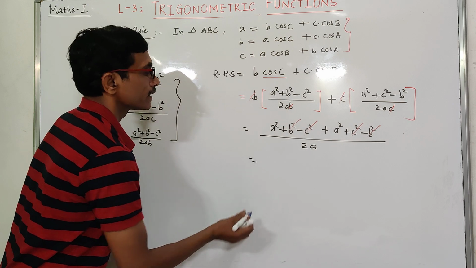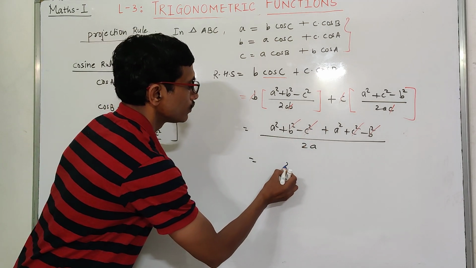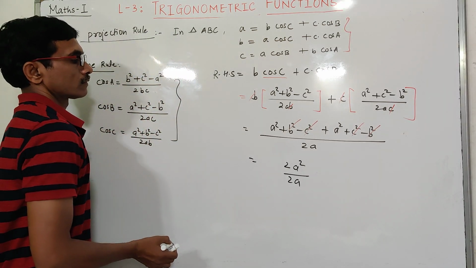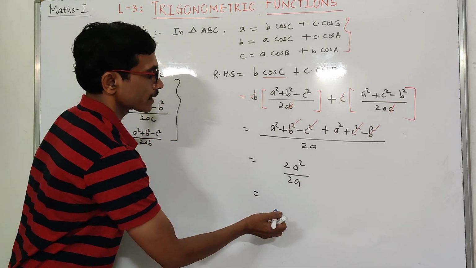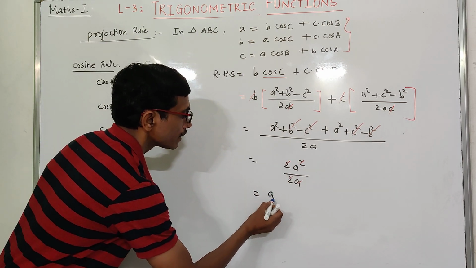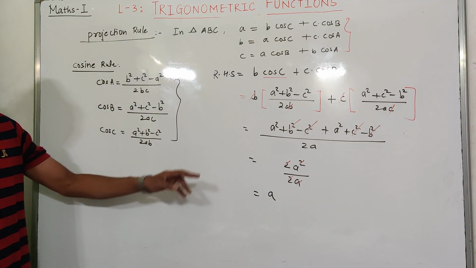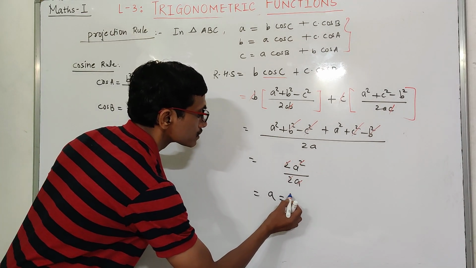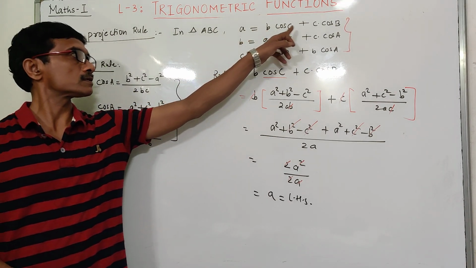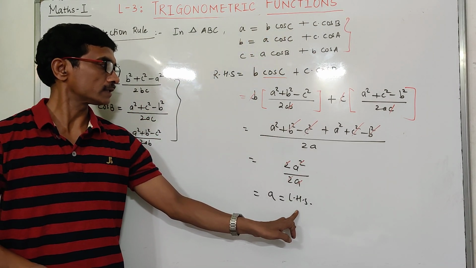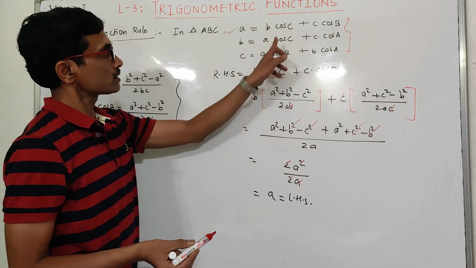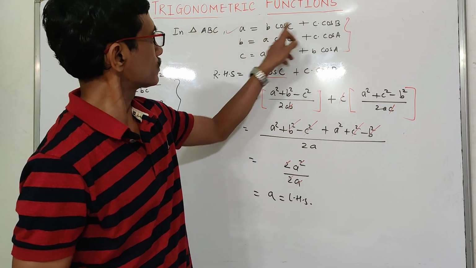So we are getting a square plus a square, 2a square upon 2a. 2a again gets cancelled. So what is left? a. Thus we have shown that it is equal to LHS. That means we started with RHS and showed it is equal to LHS. Therefore, b cos C plus c cos B is equal to a.